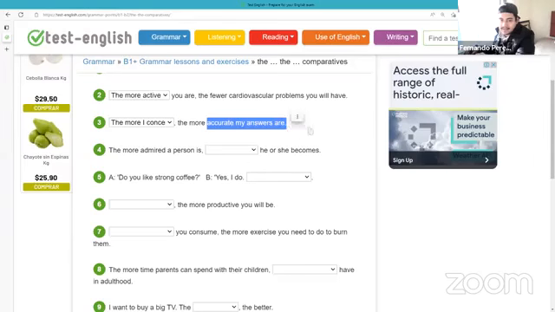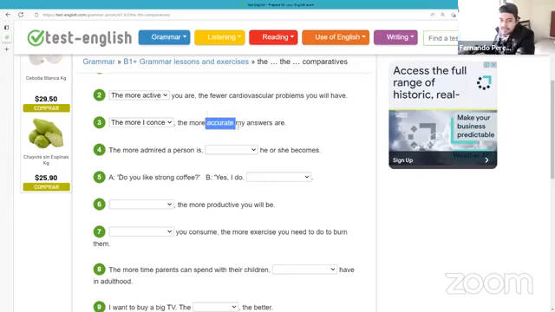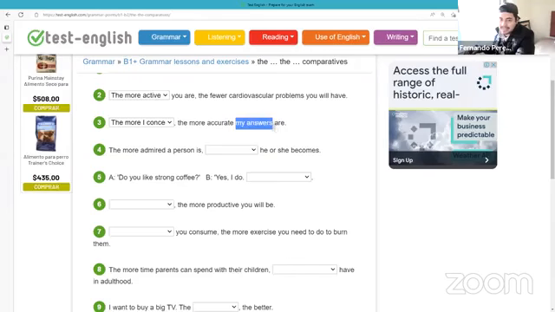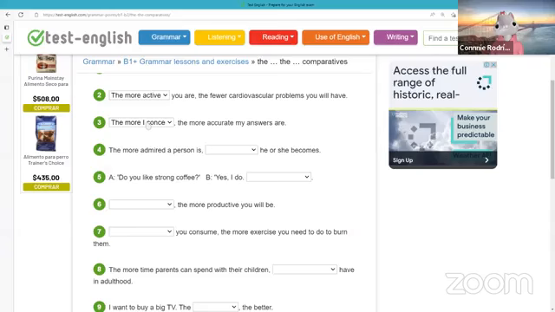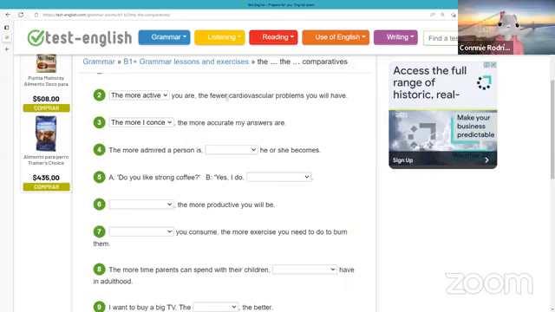Accurate is only a description describing the answers, and the answers is a person. And in your answer, the more I concentrate, again we have the more, person, verb. So whenever you are trying to build a sentence like this, try to mentalize: the more, then the person, and then the verb. Perfect.